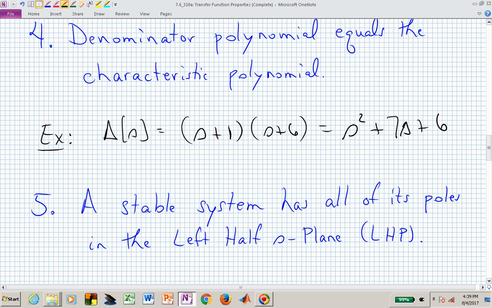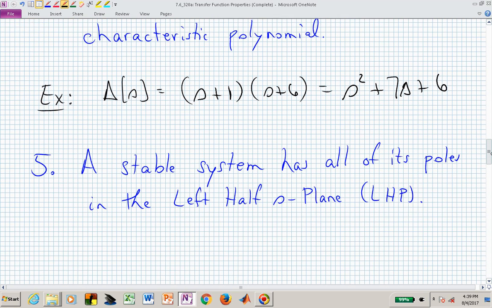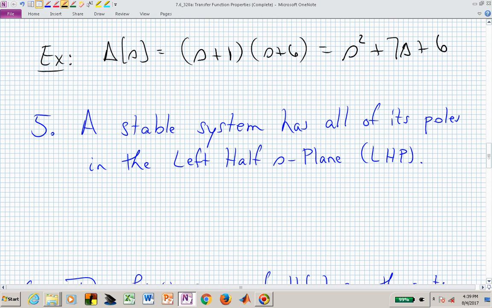A stable system is a system that would naturally decay to 0. A stable system has all of its poles in the left half s-plane. All of the poles have real parts that have a negative value to them. They're in the complex s-plane in the left half plane.